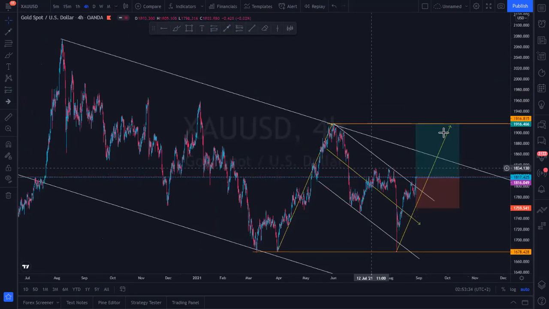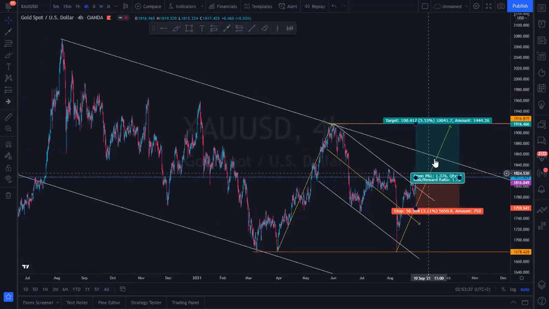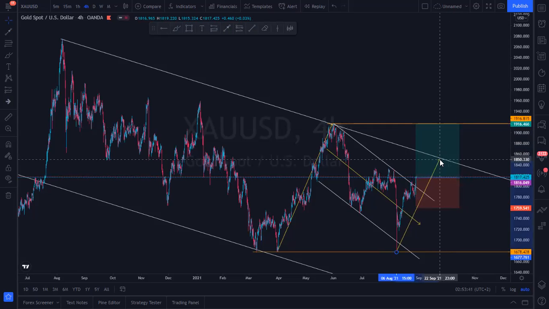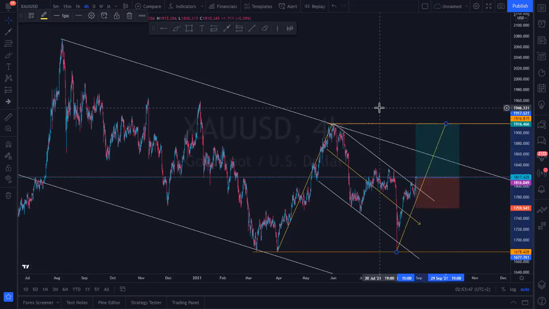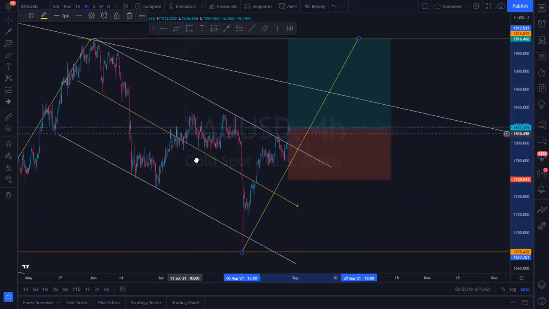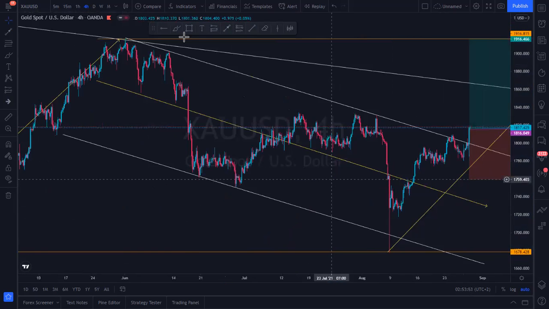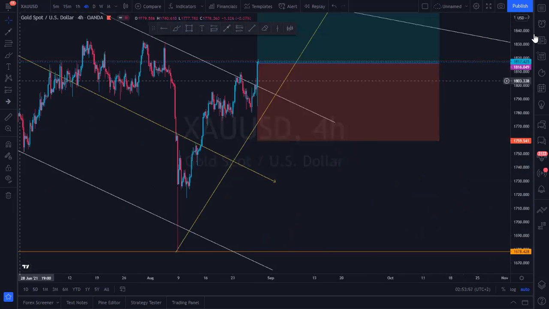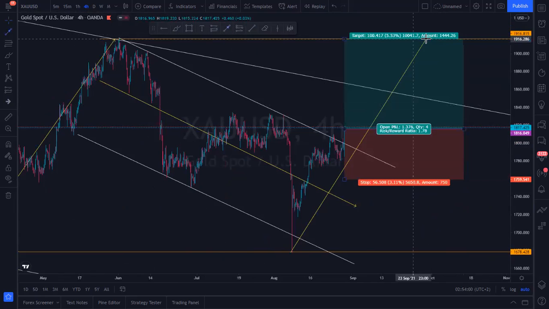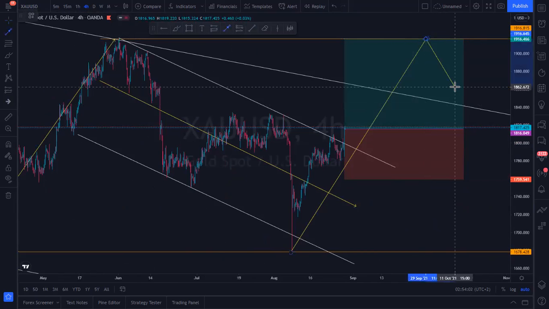If the price breaks above this trend line, if the price doesn't reject from this level and breaks above, it will be heading for this level. Then from this level, I will be expecting to see price rejecting, just giving us a pullback.